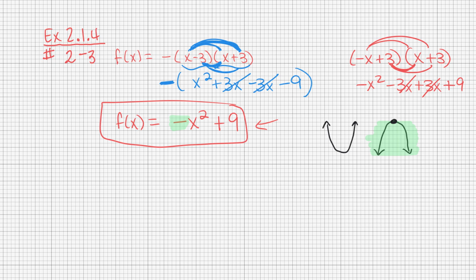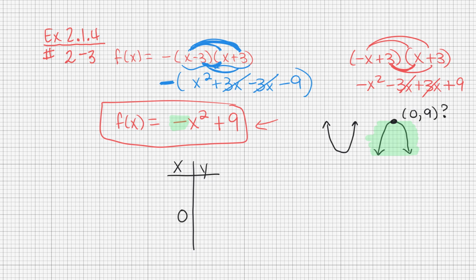Let's test it. So you're saying that this might be 0, 9. Let's try it. Let's build a table. If that was our top point, let's put that one in the middle.